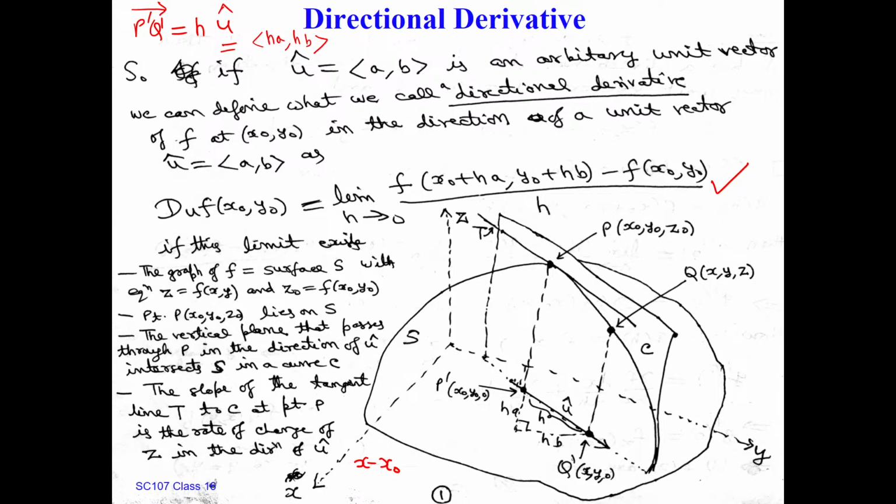So basically line P prime Q prime is parallel to u. Since line P prime Q prime is parallel to u, we have this quantity. Now this means that x minus x naught is h times a, and y minus y naught is h times b, because of that parallel condition.